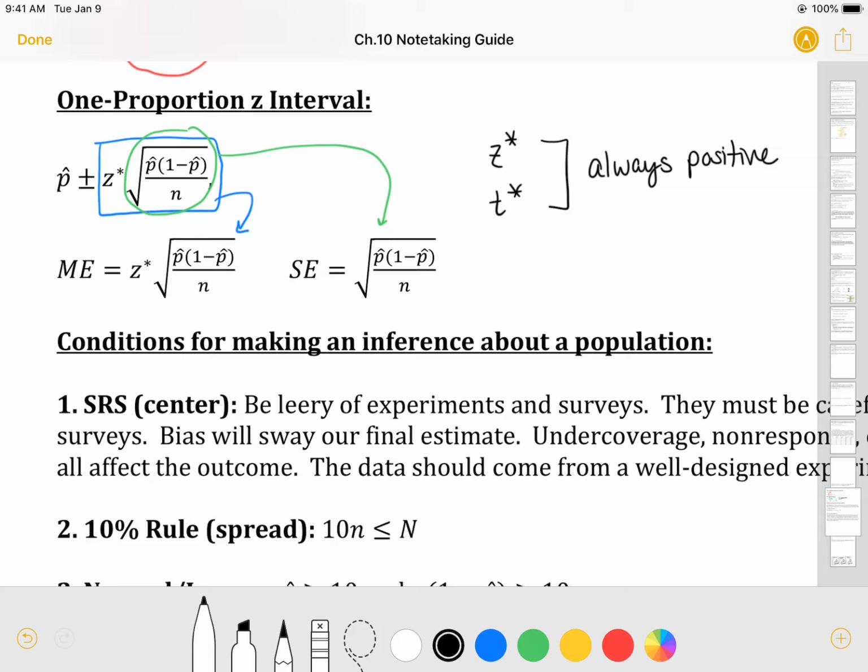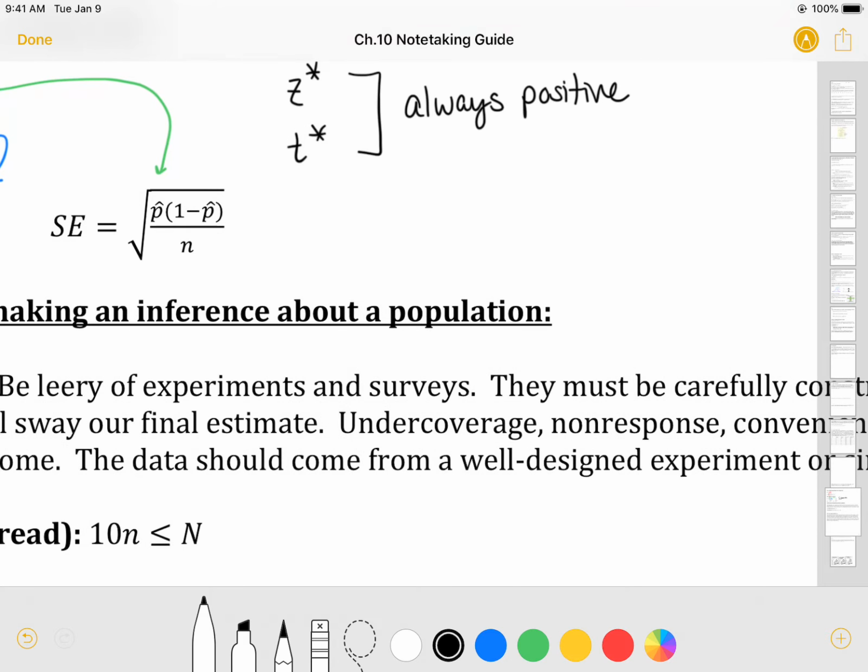And another important thing to note that is going to come up later on is that when we are looking at problems involving a population proportion, we always use what's called a Z procedure. Okay? So for population proportions, we always use a Z procedure.